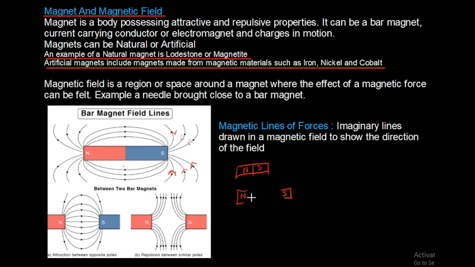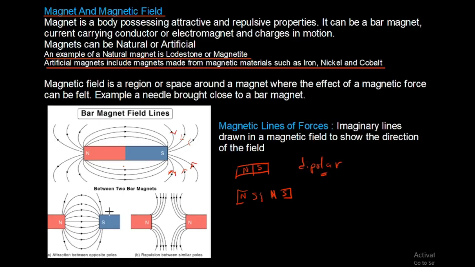Anytime you break a bar magnet, the part for the north pole, where the breakage occurs automatically becomes south. And for the other part with the south pole, where the breakage occurs becomes the north pole. So every magnet will always have a north pole and a south pole. Magnets are usually dipolar. They usually have two poles.